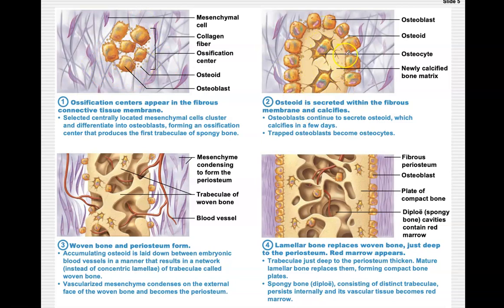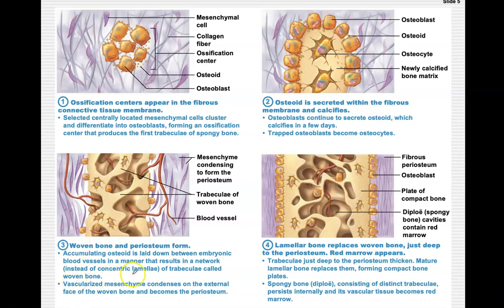These mesenchyme cells, as they differentiate into osteoblasts, are going to secrete the matrix, and then that matrix is going to calcify, trapping these cells in the lacunae. They become osteocytes. And then here again, those ossification centers start to join together, forming the trabeculae.